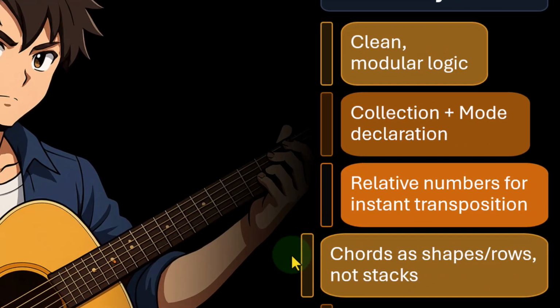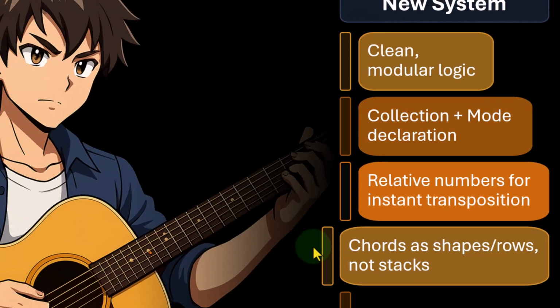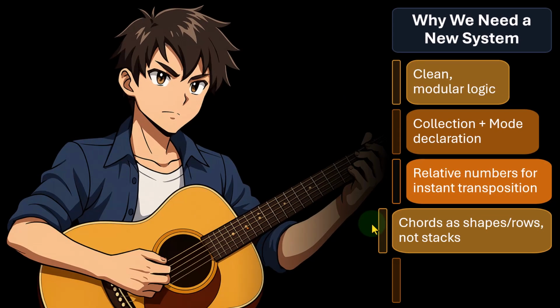So, chords as shapes, rows, not stacked. We should be able to have a system, I believe, that compacts everything down or expands it, particularly if you're in a DAW system. The DAW system should be able to say, hey, look, here's 1 octave of information, 12 notes in this octave of information, and be able to condense it down to 1 row, which means singular notes could be represented in that 1 row, as well as chord names.